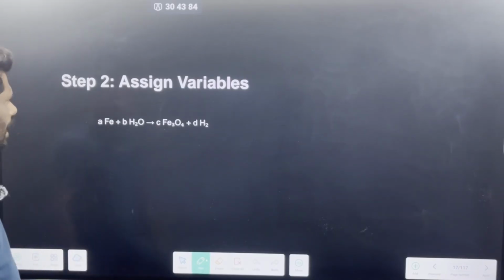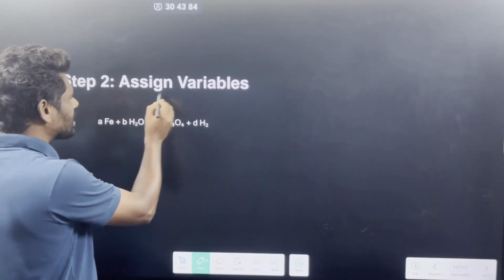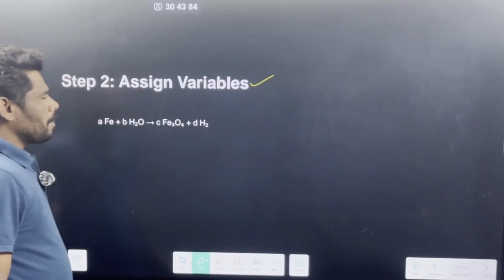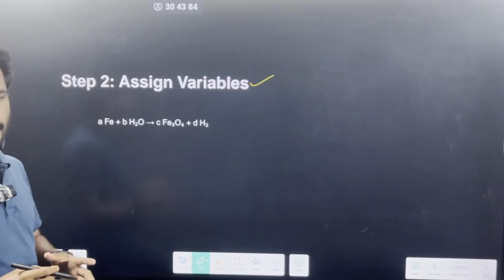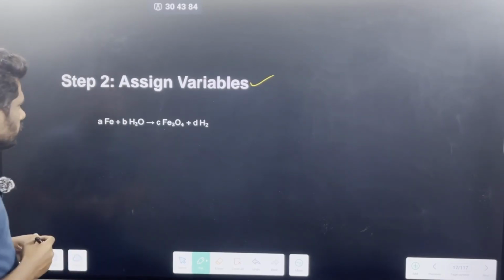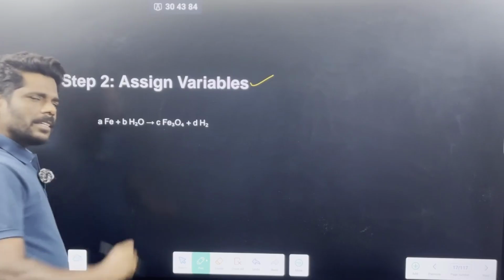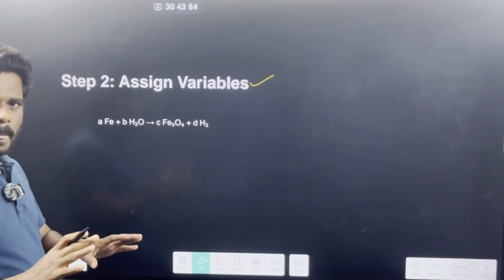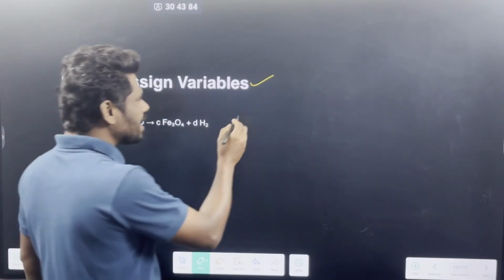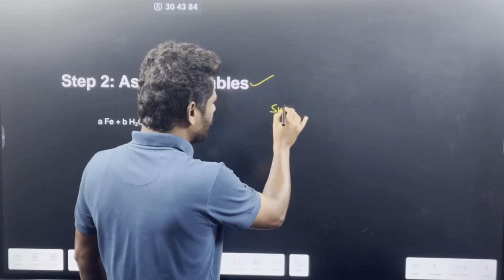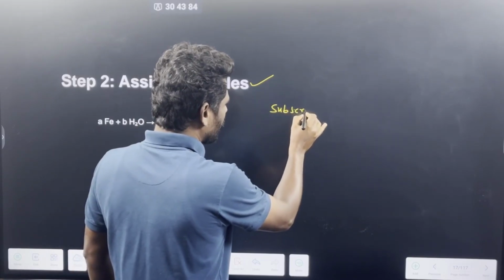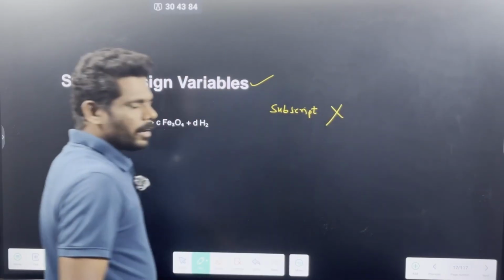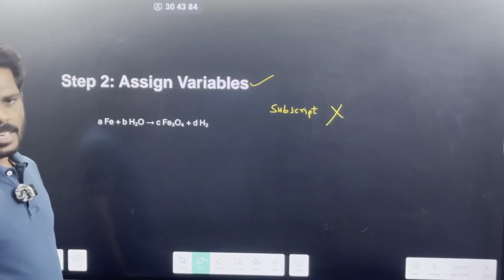Now the second step in the algebraic method: assigning the variables. Sir, what is assigning variables here? Simple. In balancing equations, as we know already, we never change the subscript. Subscripts can never be changed.